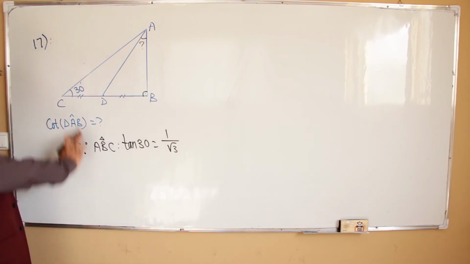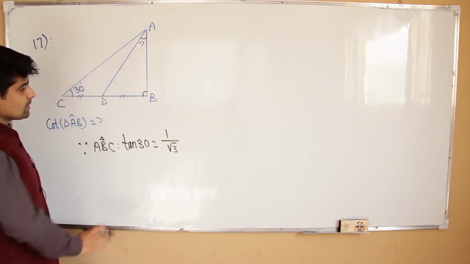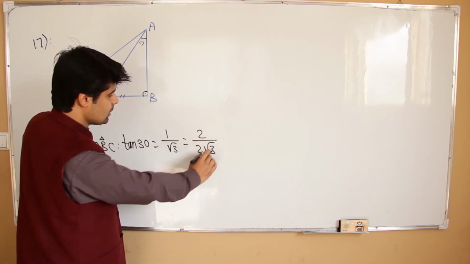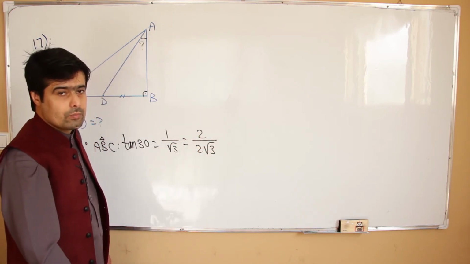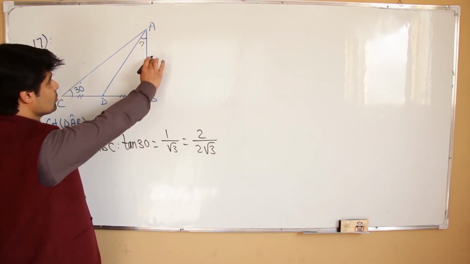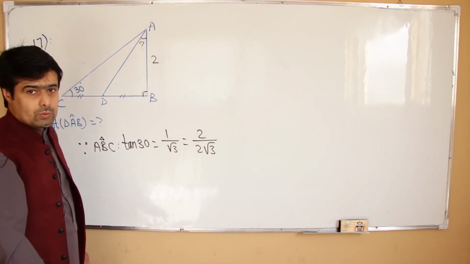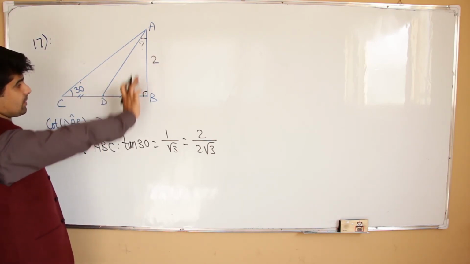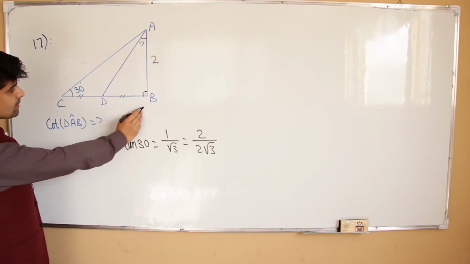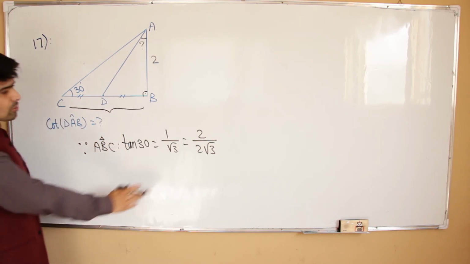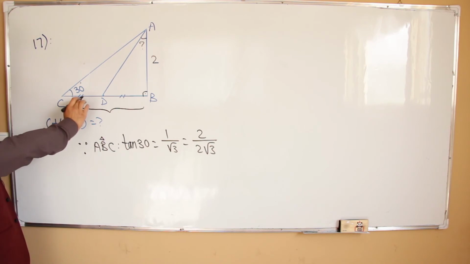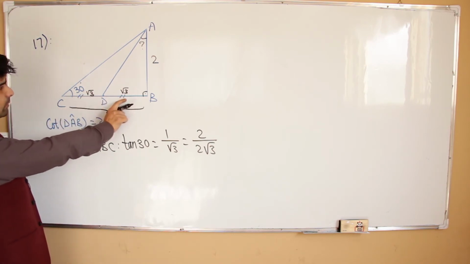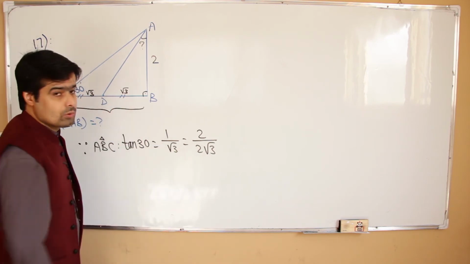In the question, it is given that CD is equal to BD. Can I write this one as 2 divided by 2 root 3? Yes, we can do. It means this is 2, this one is 2, the opposite side for 30 degrees is 2, and this side is 2 root 3.